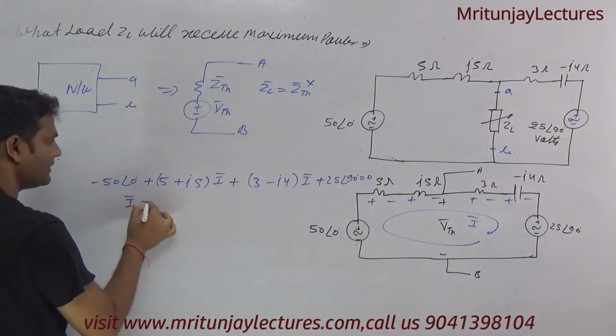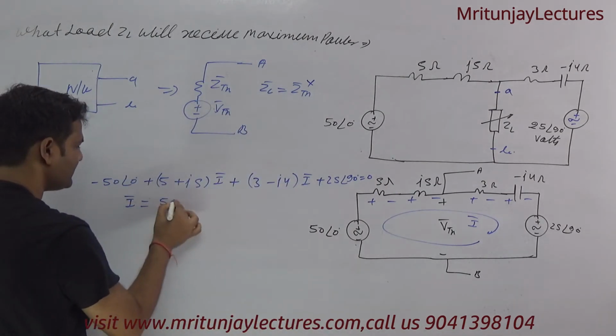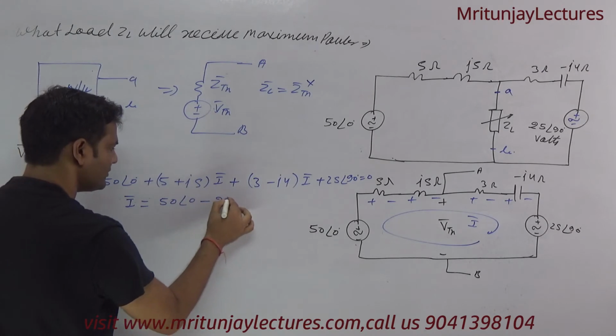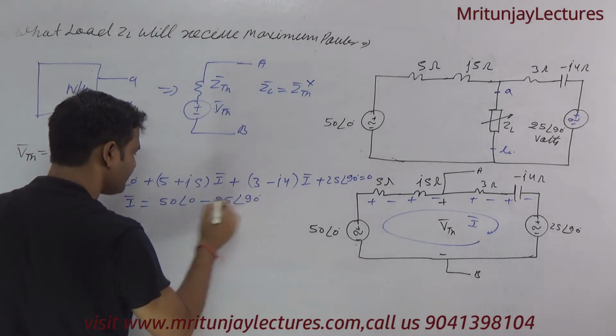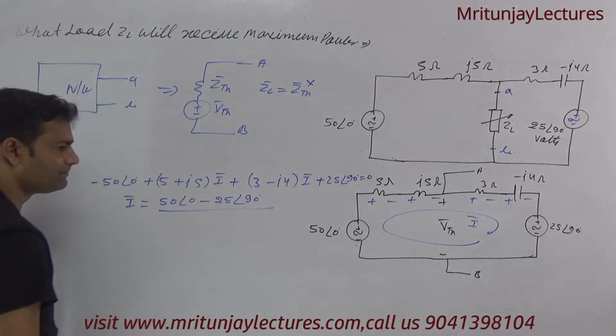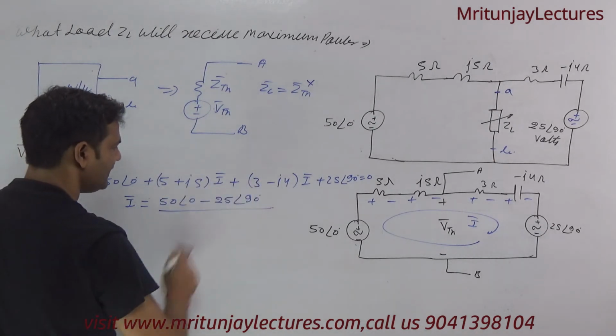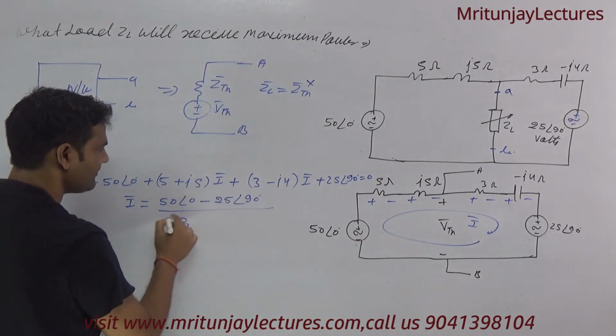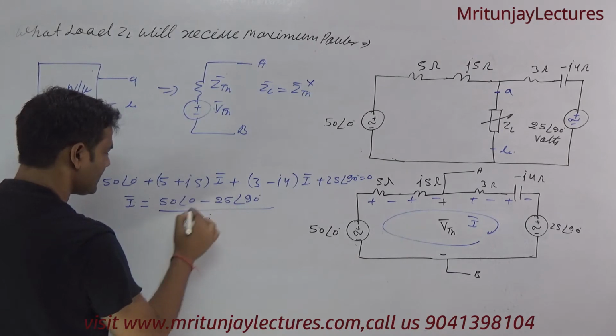So what about I? I is written as 50 at the angle 0 minus 25 at the angle 90 degree, whole divided by adding this one and this one, that is 8 plus j.